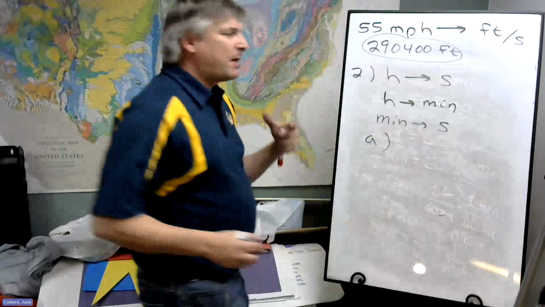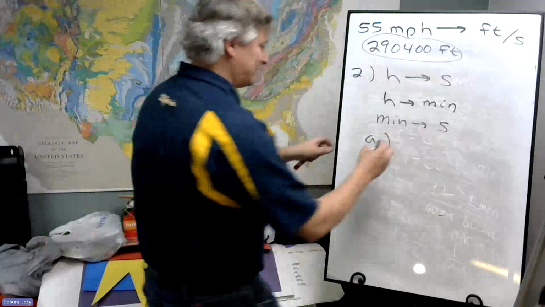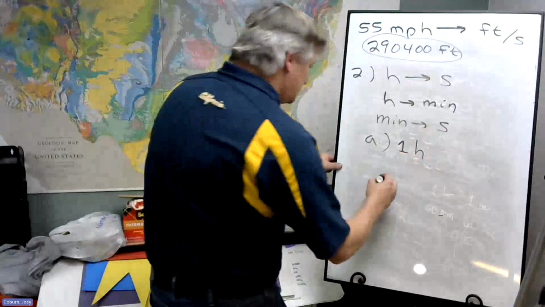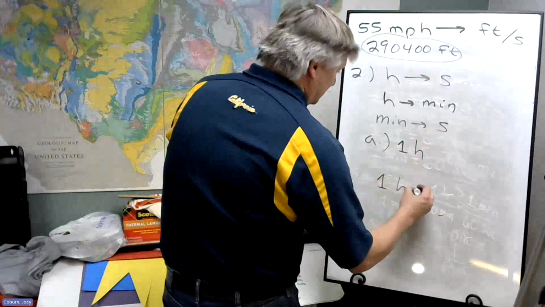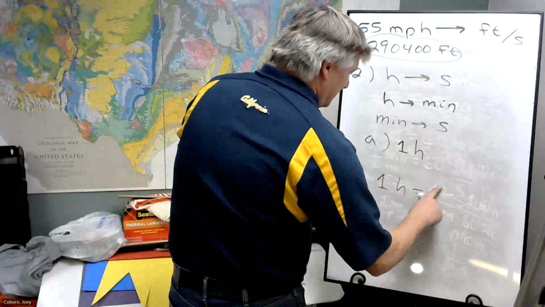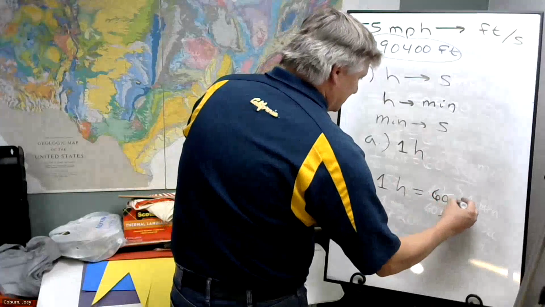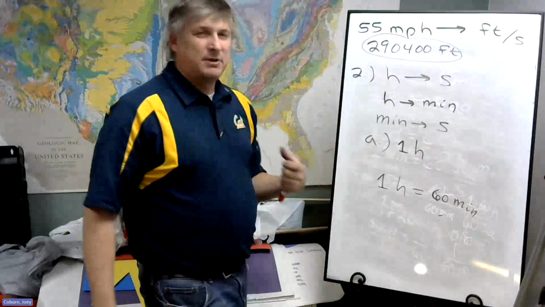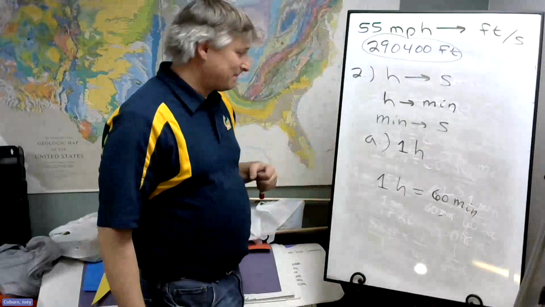So 55 miles per 1 hour. We want to convert 1 hour to seconds. And we're going to use the relationship that, well, to minutes first, that 1 hour is 60 minutes. Part A is we convert the hour to minutes. Part B is we turn the minutes to seconds.